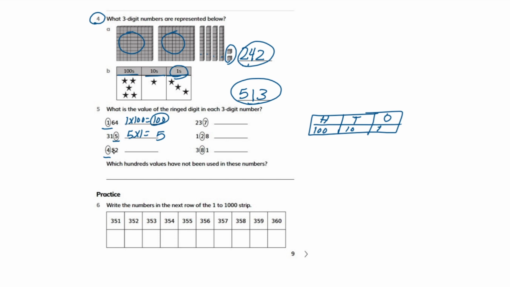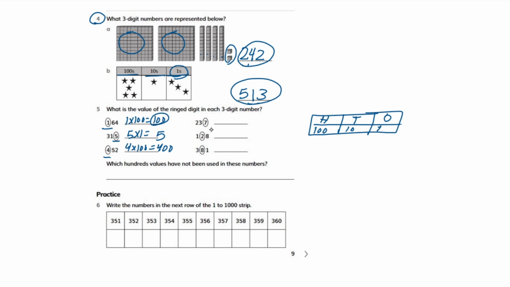In the third number, the ringed digit is 4. So 4 is in the hundreds place. Because it's in the hundreds place, we will multiply it by 100. So the value of 4 in the hundreds place will be 400.